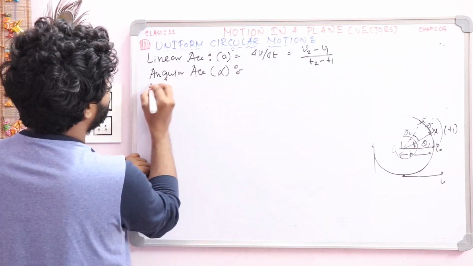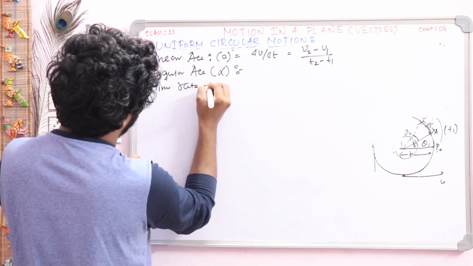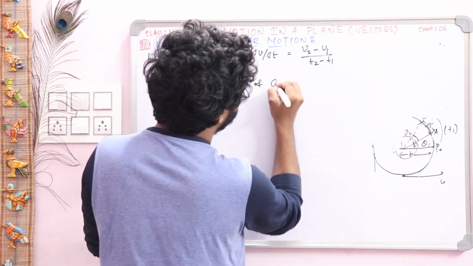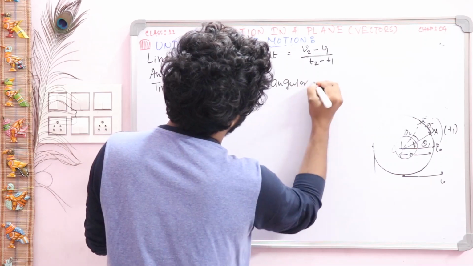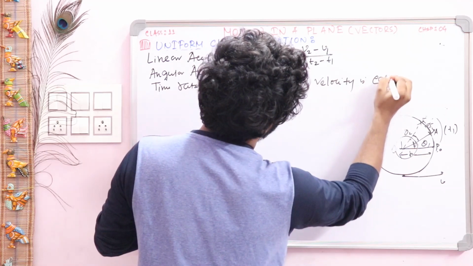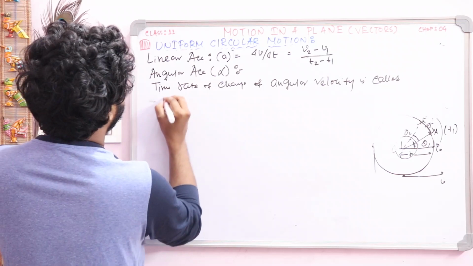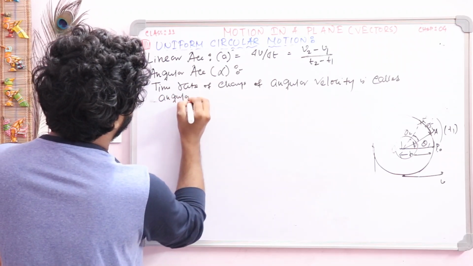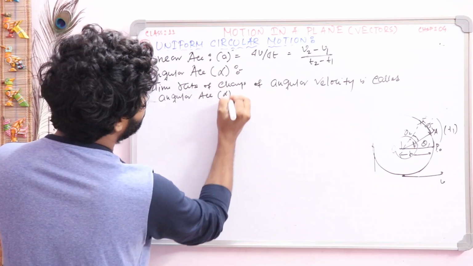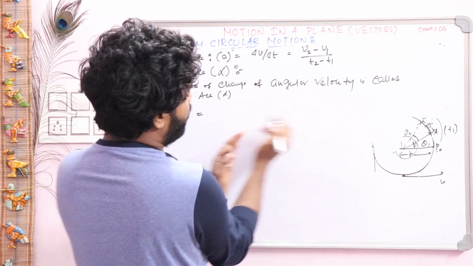So angular acceleration will be the time rate of change of angular velocity, and it is called angular acceleration alpha.